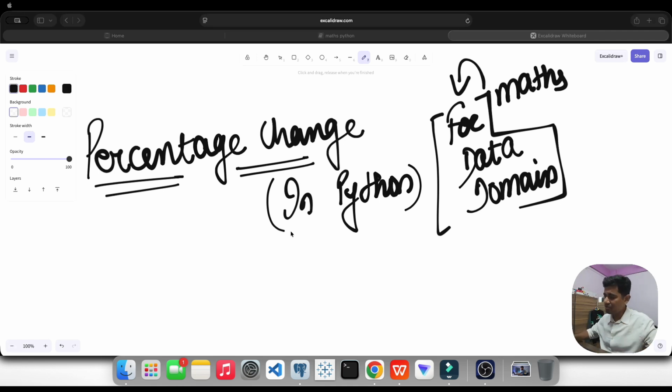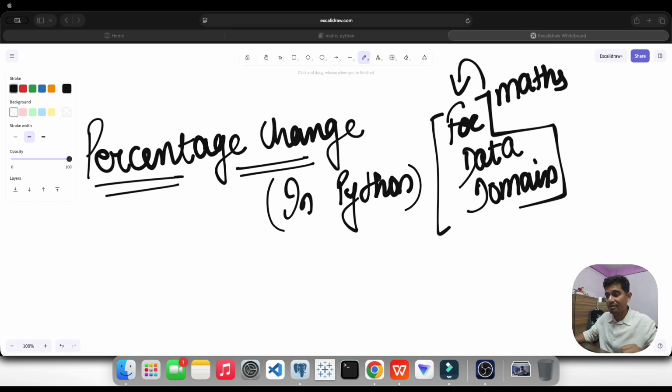So that scenario only I've told you, if you want to work in a data domain, doesn't matter if it is data analyst, business analyst, data scientist, data engineer, this concept is used very often when analyzing trends in data.